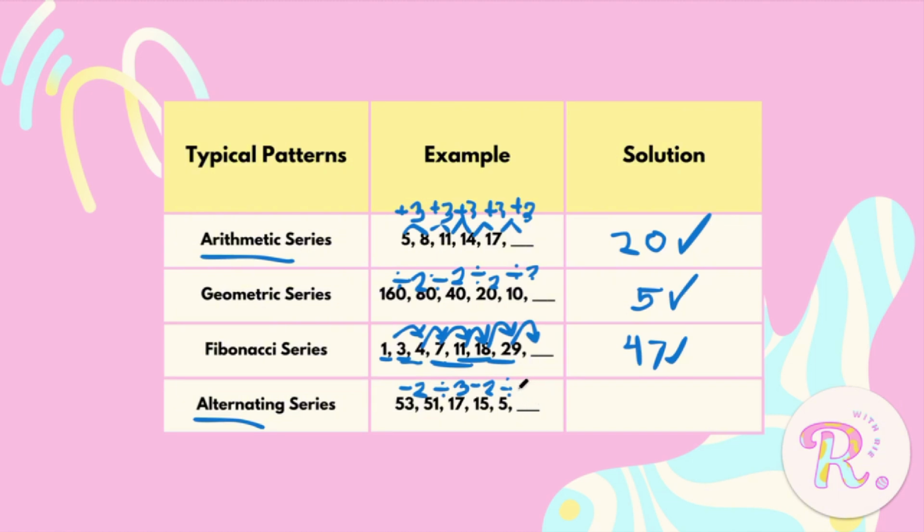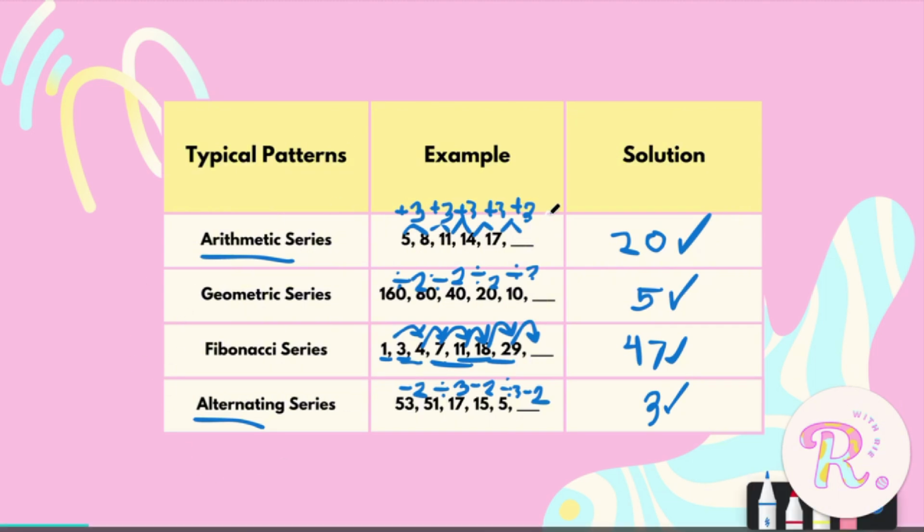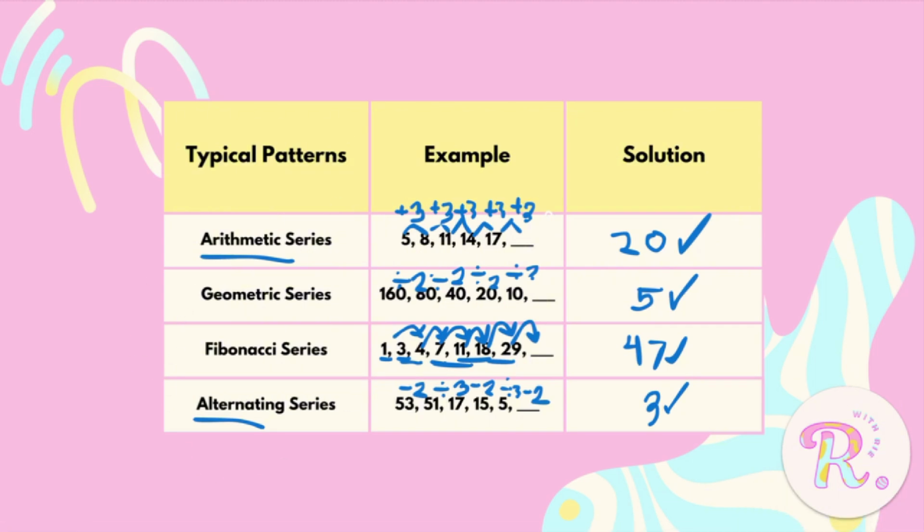That means this term right here should be minus 2. That would leave us our answer, 5 minus 2 is 3. Now that's very easy, okay? Just think of these series when you're encountering various items in the number series.